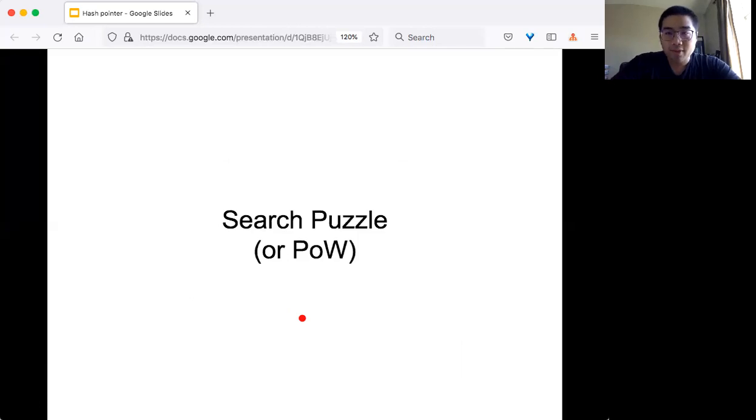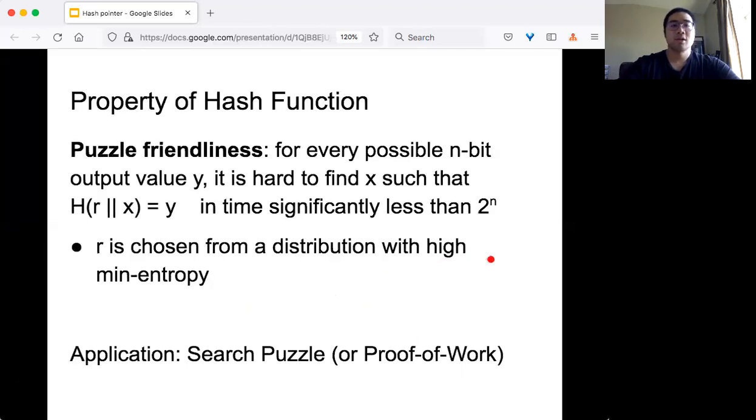And then the final application, which is actually the starting point of Bitcoin, is a search puzzle, and it's a fundamental element of proof of work, POW in short. So now let's look again at the hash function. It's called puzzle friendliness. I would say that this is the distinct feature of the particular hash function that's required for Bitcoin.